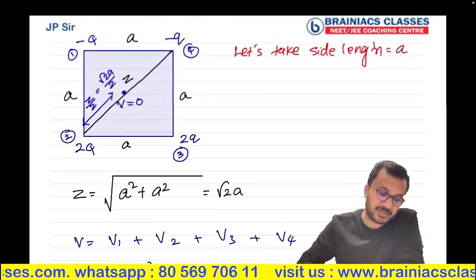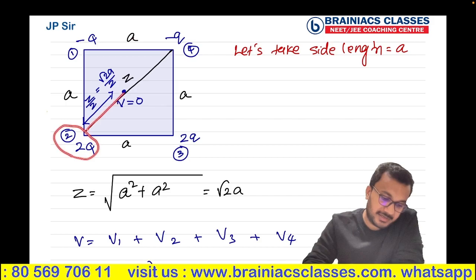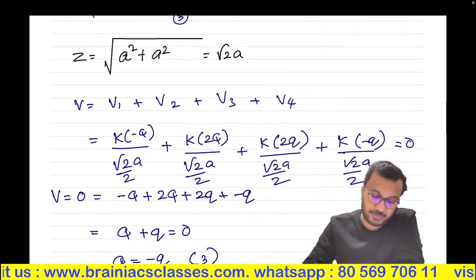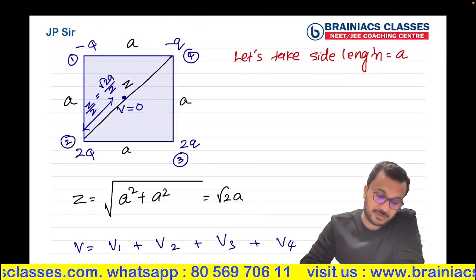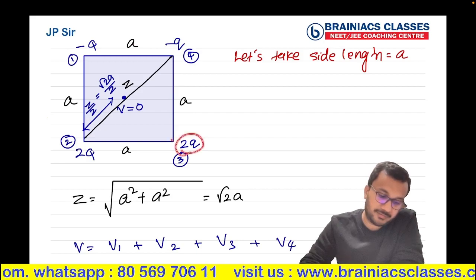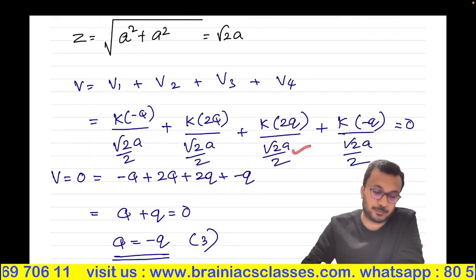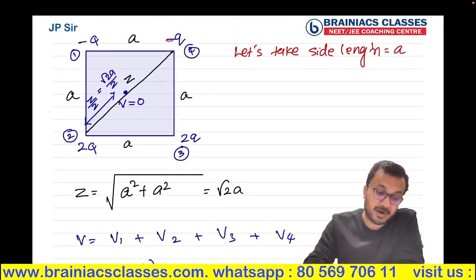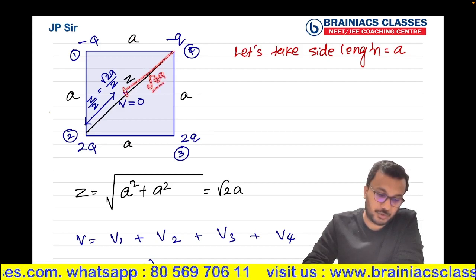Now V2, the second potential, on this distance, 2q divided by root 2a by 2. V3, the third potential, is 2 small q on this distance, so k into 2 small q divided by root 2a by 2. The fourth one, V4, means minus small q on this distance, it's root 2a by 2.